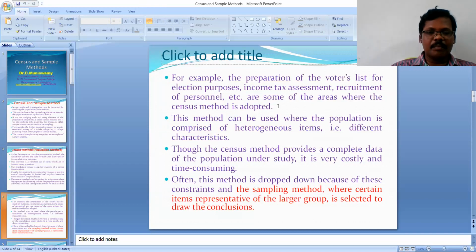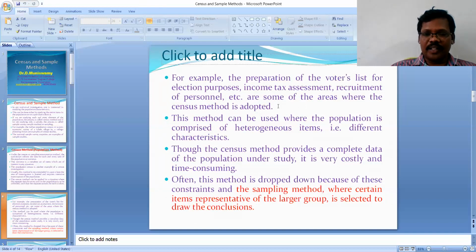This census method can be used where the population comprises heterogeneous items, that is, different characters. When there are no common characters, definitely we have to take the information from all the people, because the information from A to B is very different.